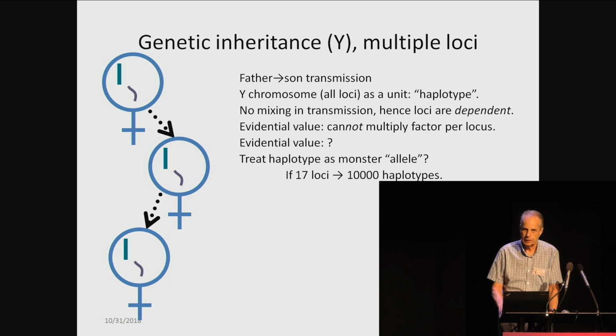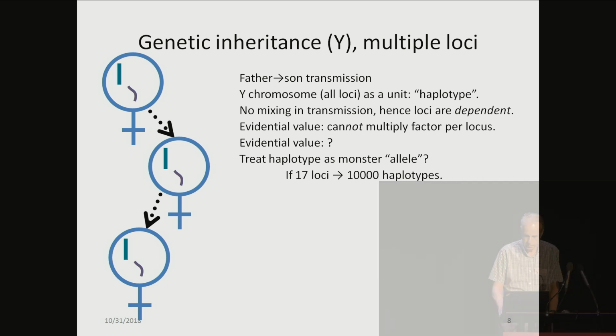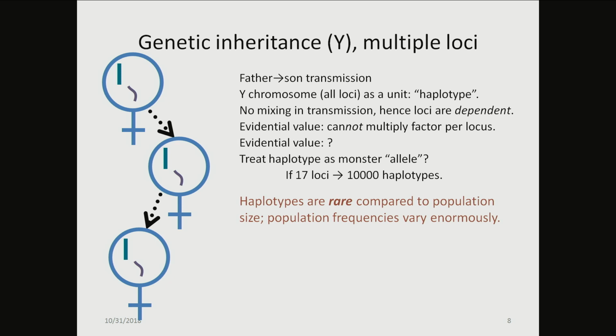They say, okay, I have to treat it as a unit, so surely it's equivalent to a monster allele that has not 5 possibilities, but some number, maybe thousands. And they think once having done that, they've reduced it to the already solved problem. But that's not right. This qualitative difference has an enormous effect in how things really work. And that's why simplicity can be confusing.